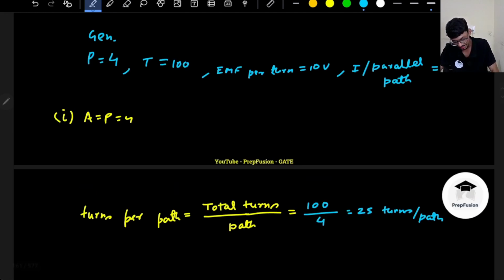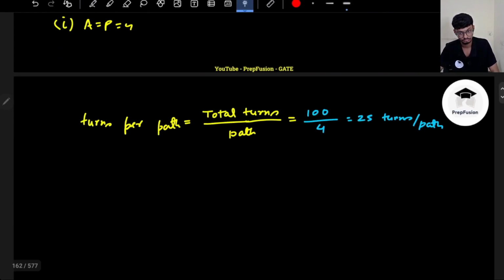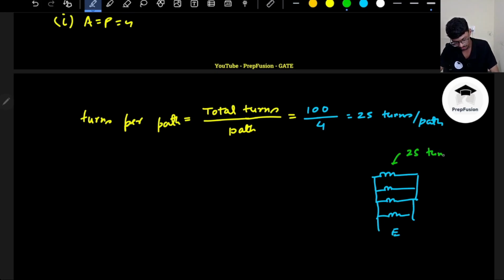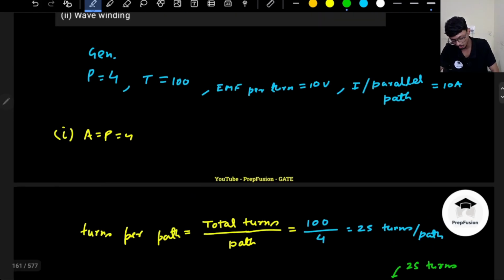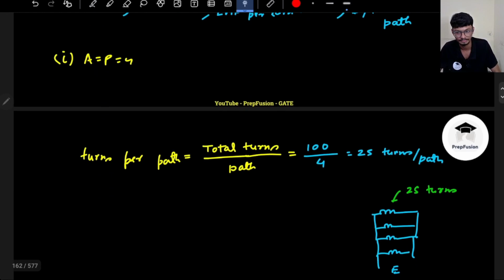And each turn has 10 volts. This is like an equivalent circuit, right? So I will have 4 parallel paths, and this is the whole EMF. And each path has 25 turns. So what is the EMF induced in 25 turns? I know per turn EMF is 10. So for 25 turns, how much EMF will be there?